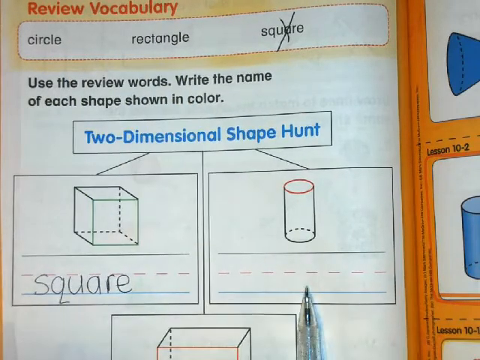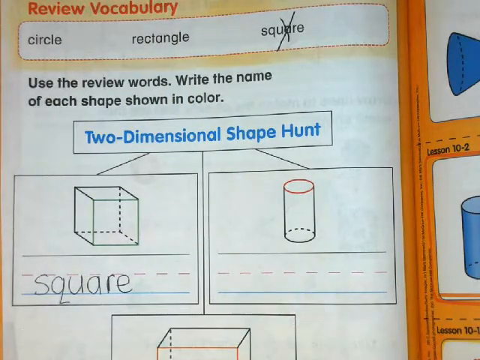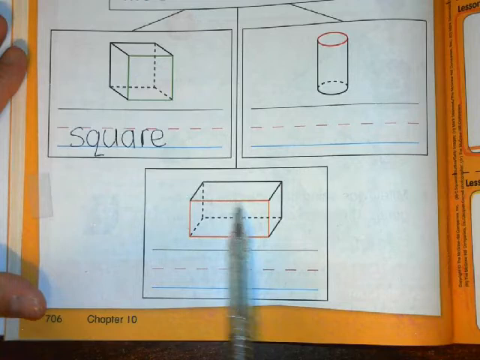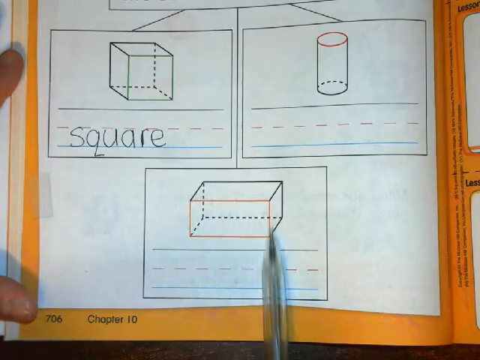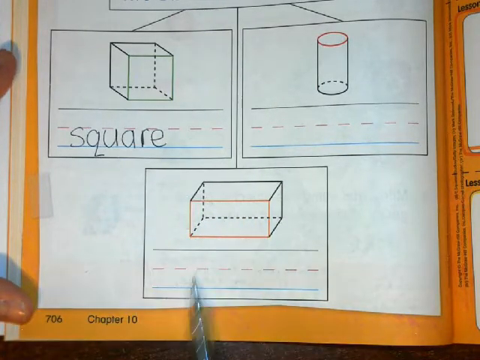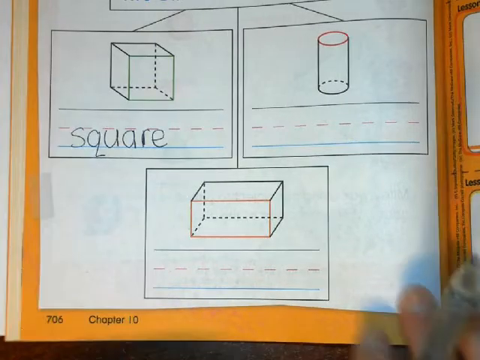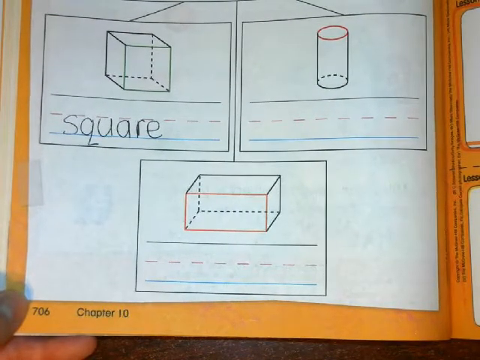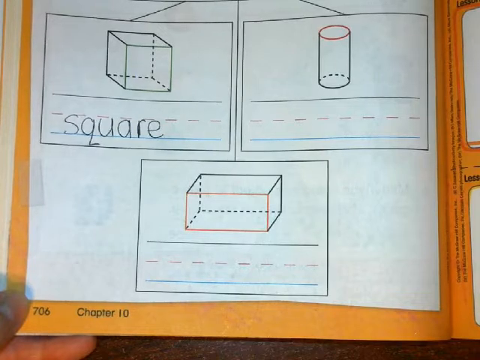Write the name of the shape. I want you to do that on your own this time. And then you're going to do the one at the bottom on your own as well. Look at the orange lines. What shape does it make? Circle or rectangle? Write your answer on the line. Pause it if you need time to write those words, okay? When you're ready, push play.